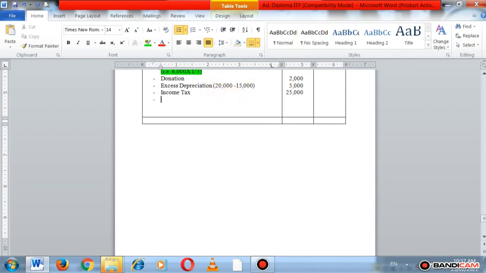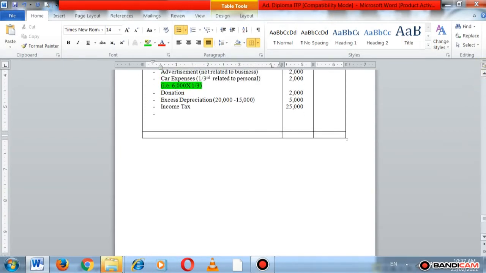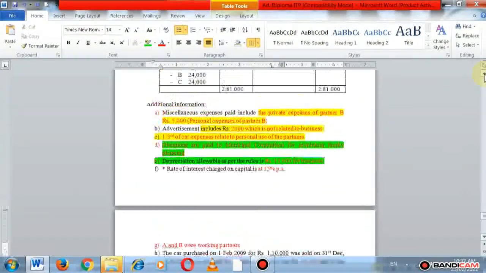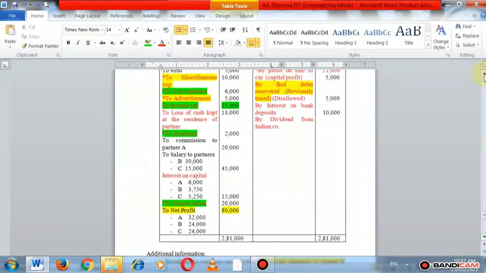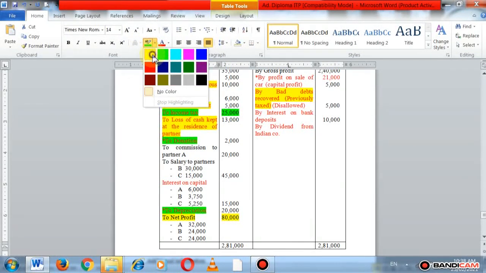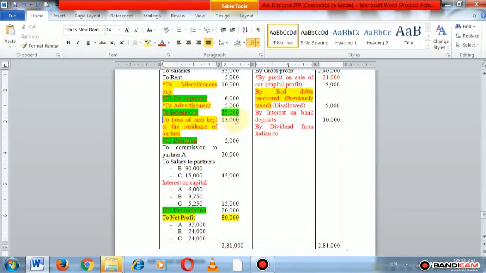Then the next disallowed expense. The next disallowed expense is loss of cash kept at the residence of a partner, amounted to rupees 13,000.